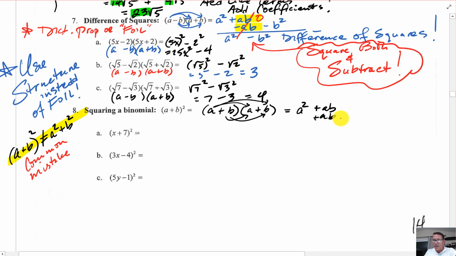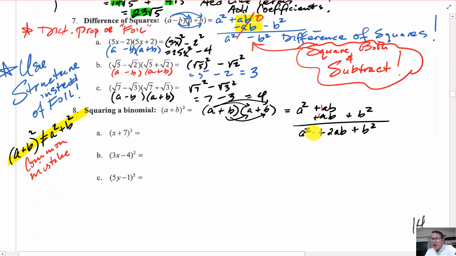And I write it the same way because a lot of people think that B times A is different than A times B, and it's not, because the order doesn't matter in multiplication, right? Plus B squared, and so you get A squared plus 2AB, right? You add their coefficients. 1AB and 1AB is 2AB, right? Okay, and then plus B squared.